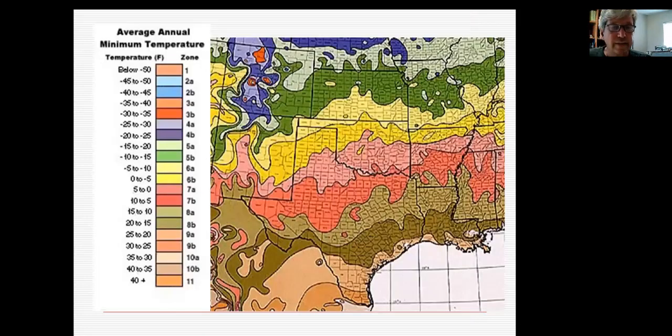So moving into Texas a little closer, you can actually see all the 254 counties in Texas divided out here. And you can see this is 9B and 9A, and this would be 8B. So some of the coastal bend is in 8B.